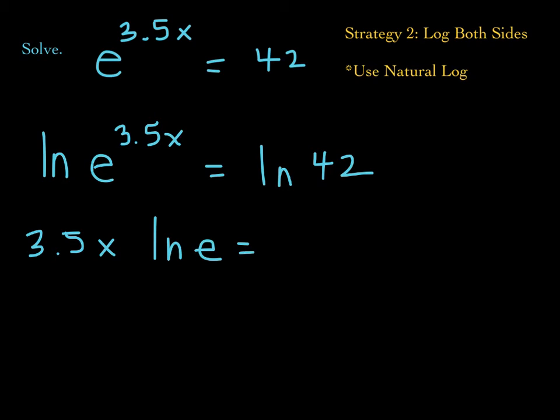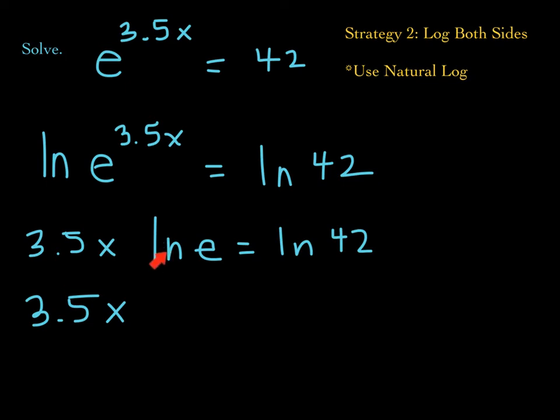All right, there we have it. Now, here we go. The natural log of e, remember that natural log, ln, means log base e. So this logarithm is asking you for the exponent to which you raise e in order to get e, right? This is log base e.